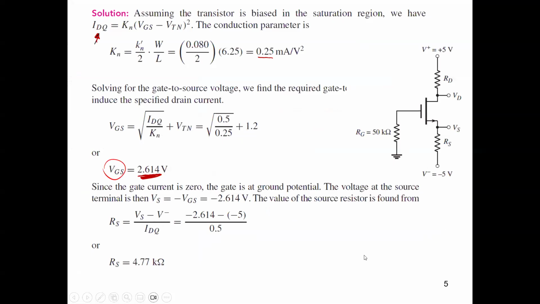RS, this resistance here, we can say equals the volt VS minus the volt V negative, divided by the current which is flowing here, which is ID, because we have the value of ID already. So we can say (VS minus V negative) divided by ID equals RS.